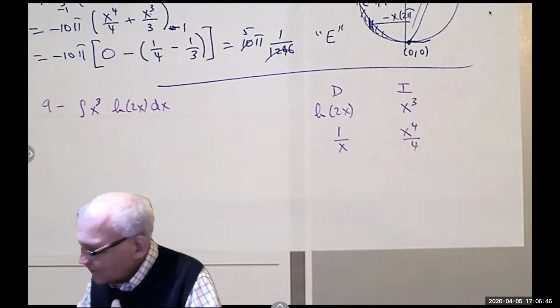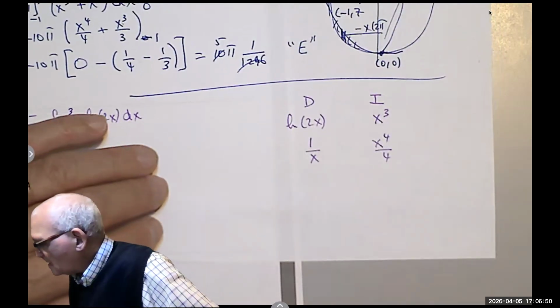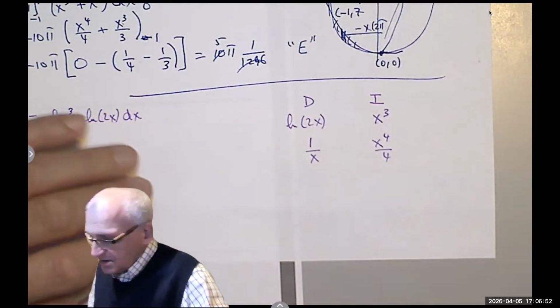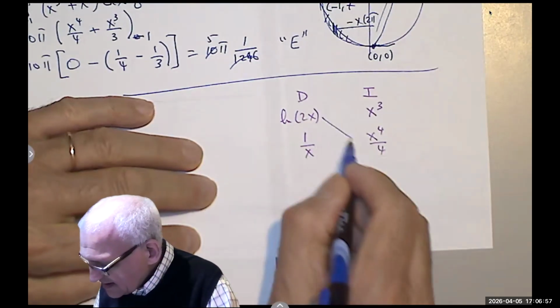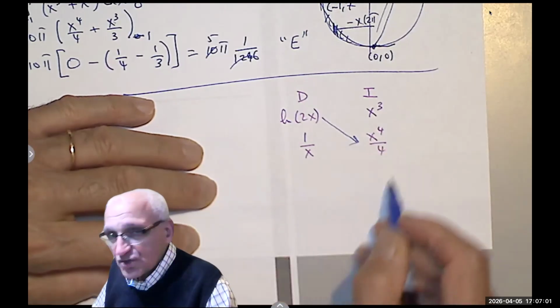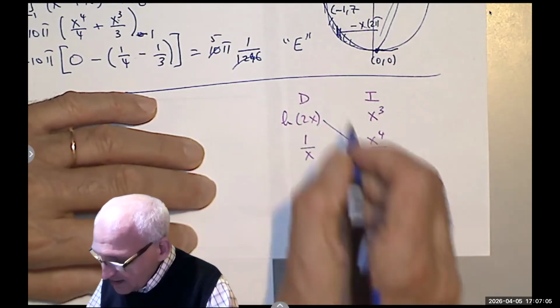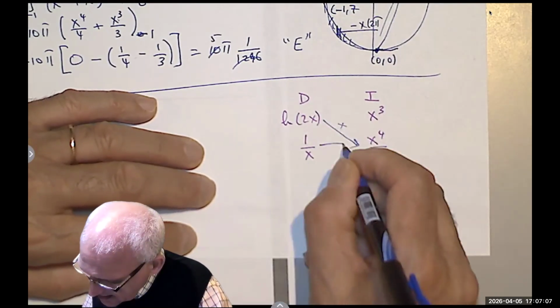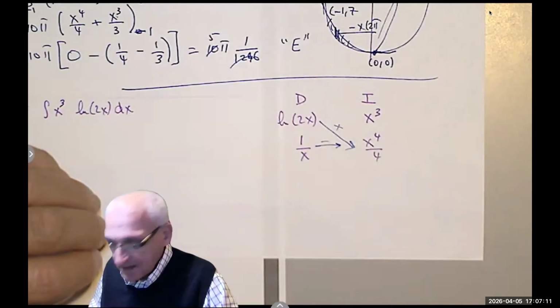And then what we told you when we use the tabular form, we say positive. Notice that if I keep going, I will get -1 over x squared and x cubed over 5, and I will never end. So you stop here and you say, this is positive and this is negative. That's how we do it.